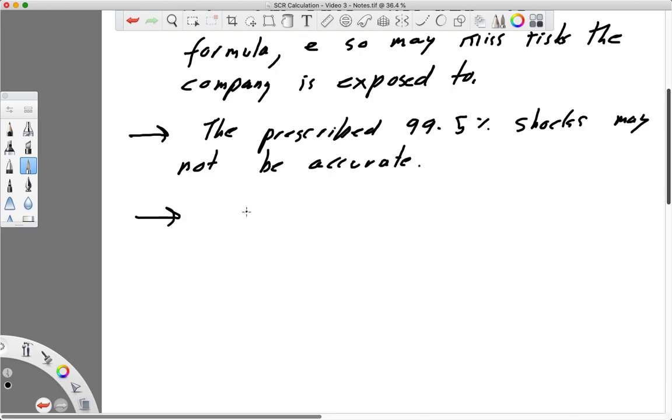Let's do one more of these. So this is about the correlation formula or formulae.